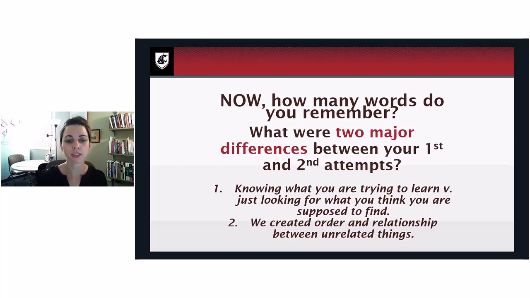Whereas if you receive a study guide and you use it as a guide to help you learn how these different ideas are connected, how they're similar, how they're different, what more you want to know about them, you're actually creating a deeper level of knowledge. You're moving up on Bloom's taxonomy. So this is an example of what metacognition looks like when you're trying to create order and relationship, and that instead of just looking for what you know you're supposed to find, you're looking for what you need to understand.